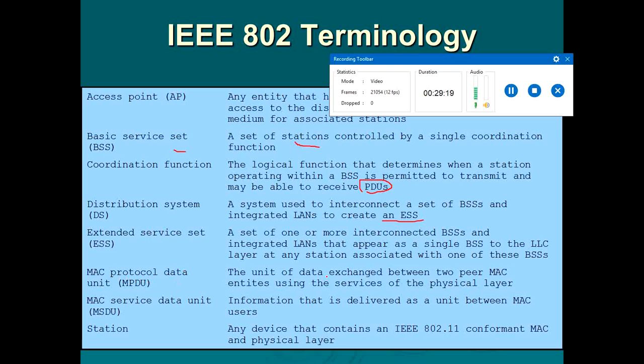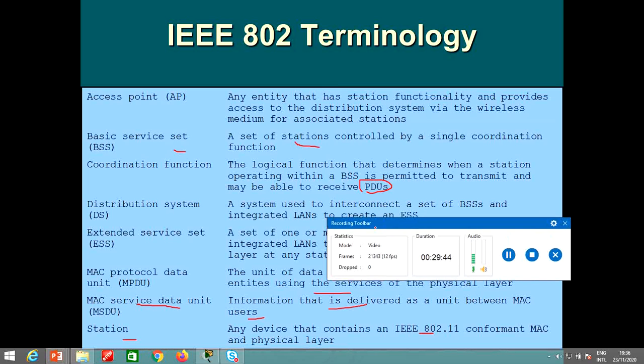MAC PDU is a unit of data exchange between two MAC entities using the services of the physical layer. MAC service data unit is information that is delivered as a unit between MAC users. Station: any device that contains IEEE 802.11 conformant MAC and physical layer is a station. For example, my laptop is a station.